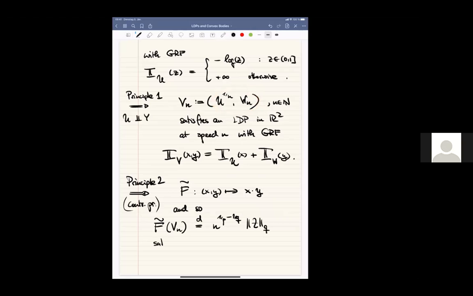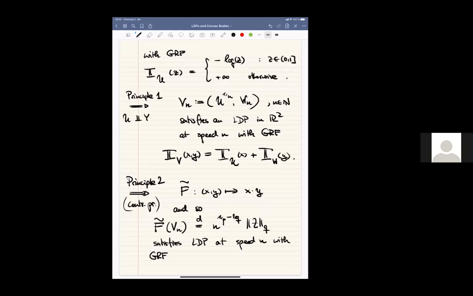So this satisfies an LDP at the same speed, speed n, with good rate function.